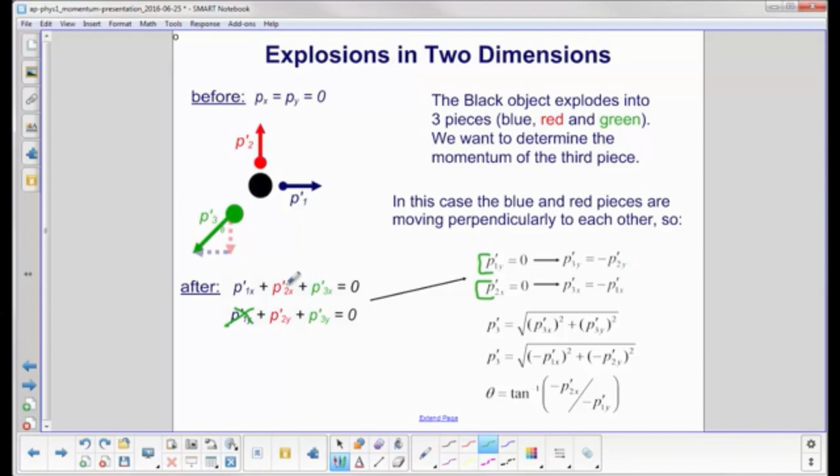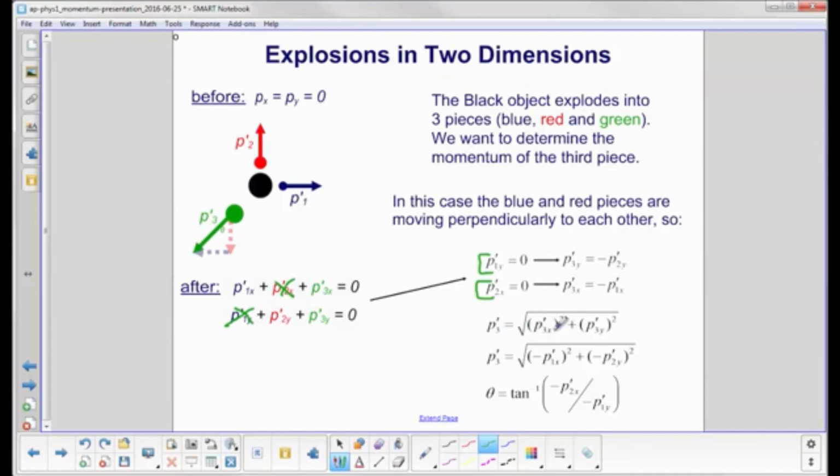I'm going to do a similar thing for the x direction. I have P prime 2x is equal to 0, so this term goes out. Then I come on over and I find that P prime 3x is going to be negative P prime 1x.